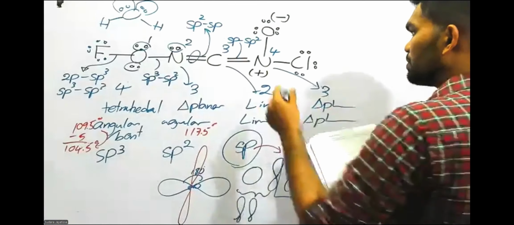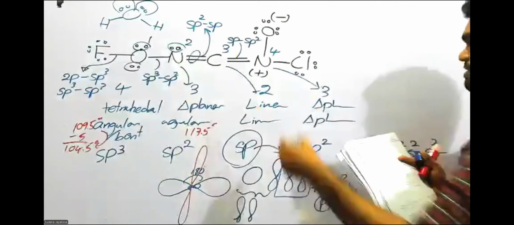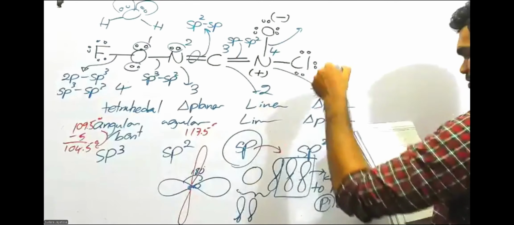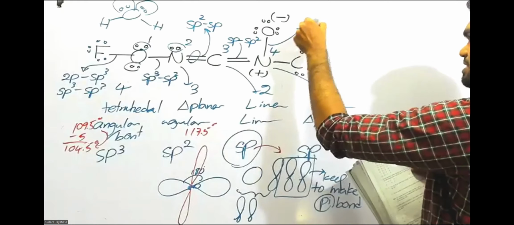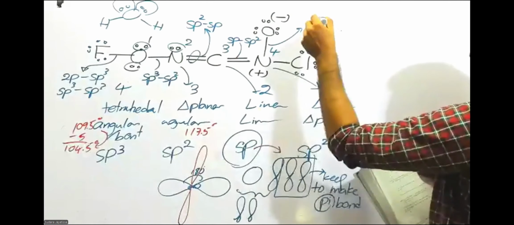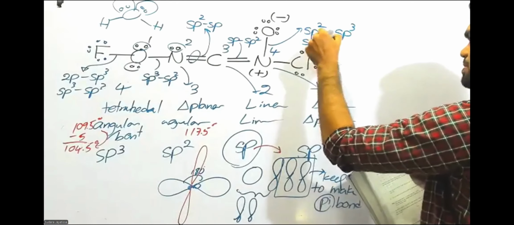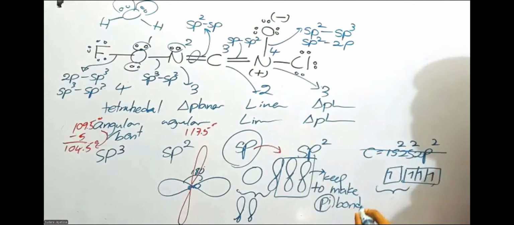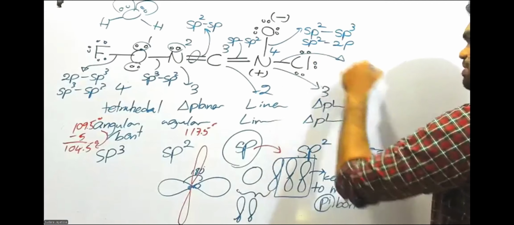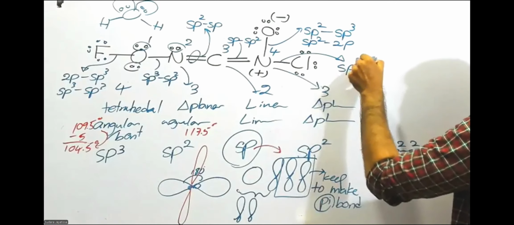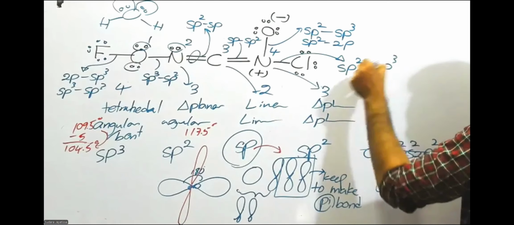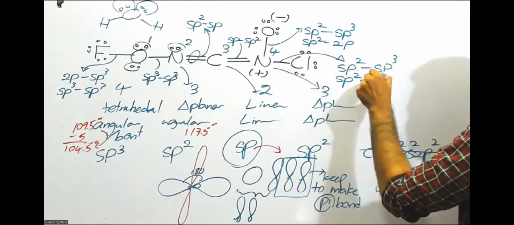Then N4O5, and that also you can consider sp2, you can say sp3, or you can say sp2 2p. And what about this one? sp2, you can say sp3, or you can say sp2 3p.